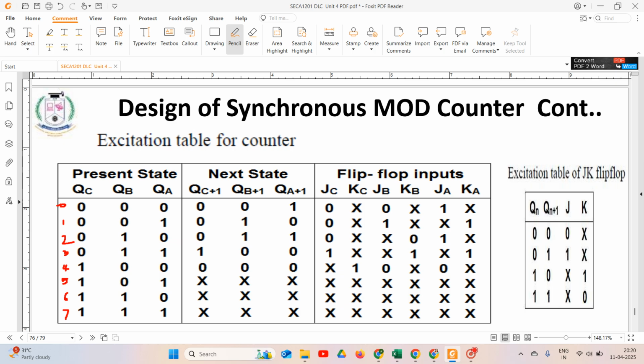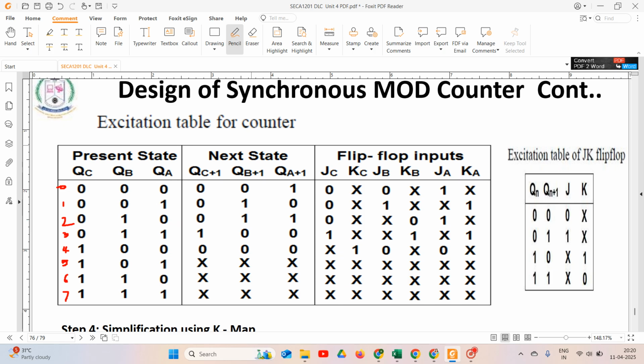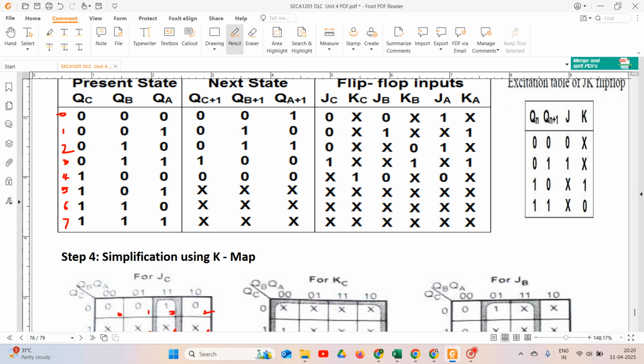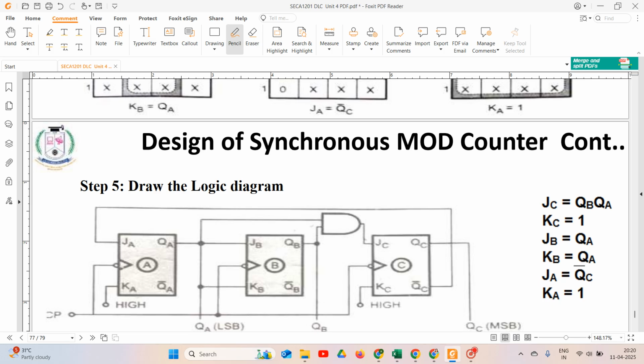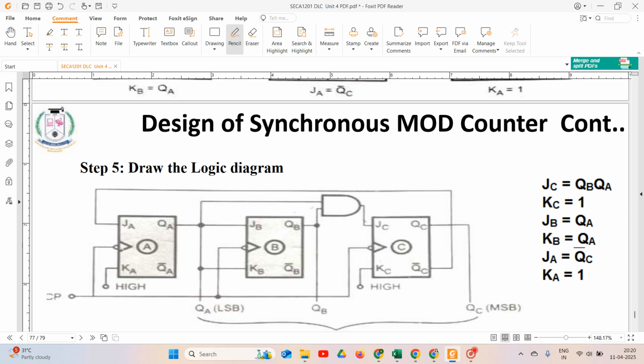So this is your excitation table for the mod 5 counter. Here the number of bits is equal to 3, so the number of flip-flops is 3.